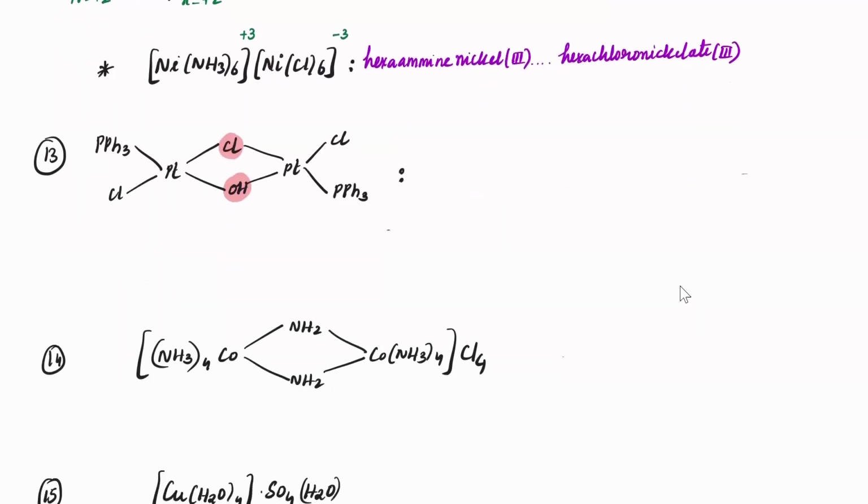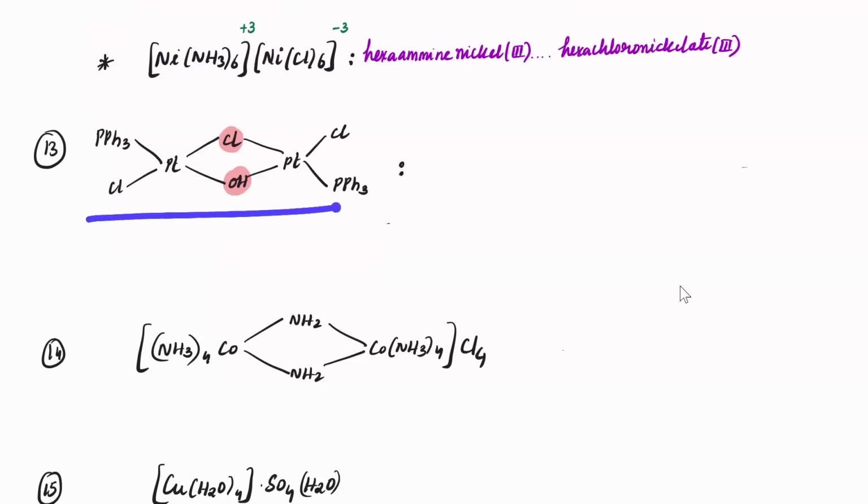Okay. Now this one is very interesting again. This is a complex where you have something called bridged ligands. These are bridge ligands. So when it comes to bridge ligands, how do we read it? Alphabetically, this will be chlorido and this will be hydroxo.